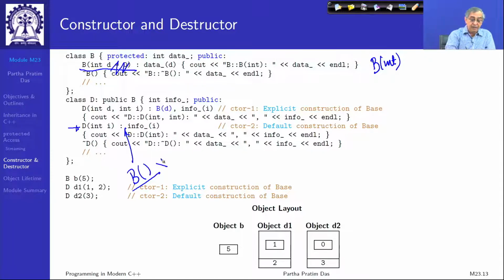So, it will simply not compile, because the compiler does not know which constructor to call. It needs a parameter, which you have not given, while you have given it here. So, this is okay, but this will not be okay.